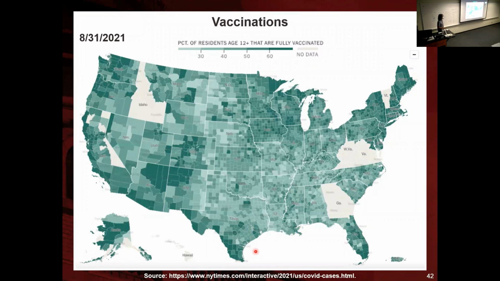Vaccinations, percent of residents at least 12 years of age that are completely vaccinated. Idaho and some other areas, Georgia, we also don't have data for those places. I showed you the graph of vaccinations more recently, fully vaccinated a little above 50%. Look at how much it varies in the US.